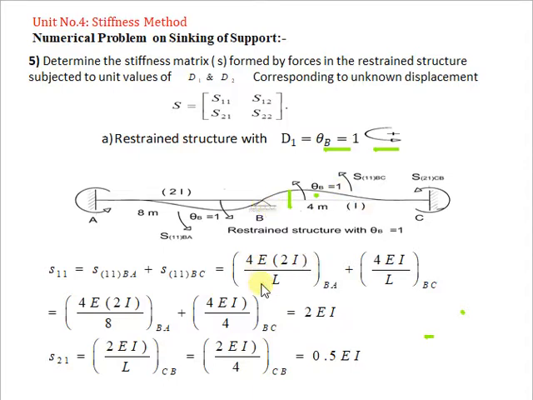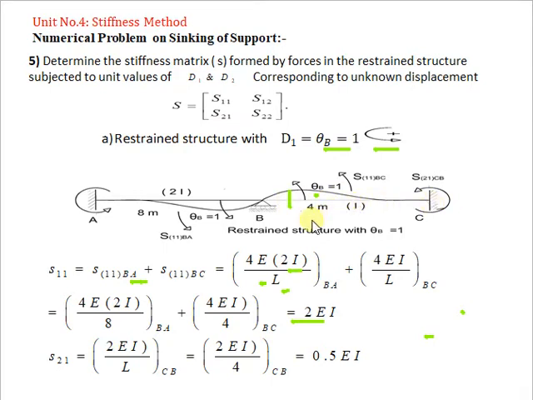Then we sum up the two rotations which occurred on both spans BA plus BC, and we know that the moment is 4EI by L. So we put the value of moment of inertia and length with respect to each span. Then we have 2EI.